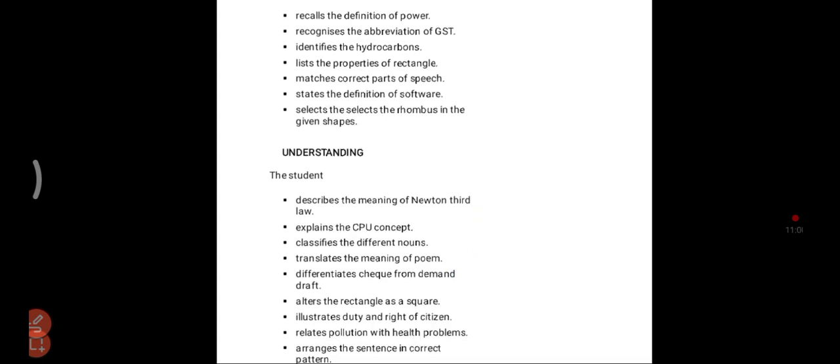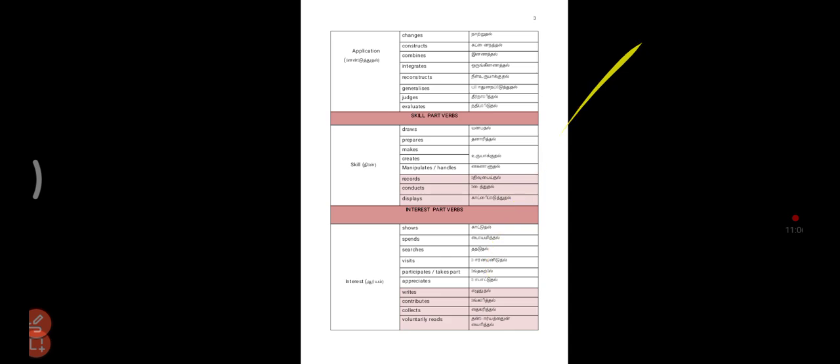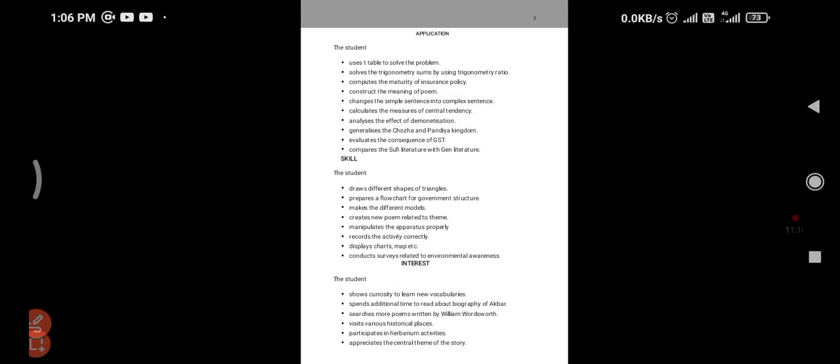Then understanding uses describe, explain, classify. Then applications: use the table to solve problems, interpret the meaning of the poem.